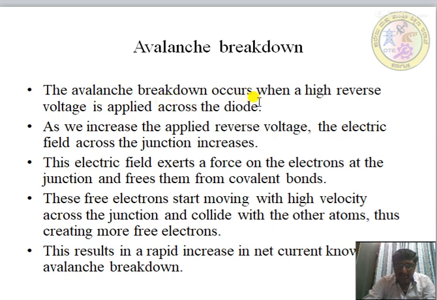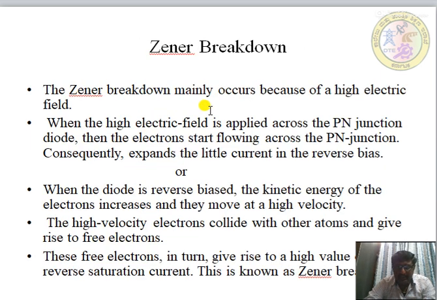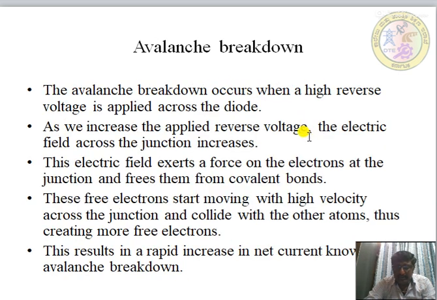Avalanche breakdown occurs when a high reverse voltage is applied across the diode. Zener breakdown occurs when there is a high electric field, while avalanche occurs when a high reverse voltage is applied across the diode. As we increase the applied reverse voltage, the electric field across the junction increases. This electric field exerts a force on the electrons at the junction and frees them from covalent bonds.